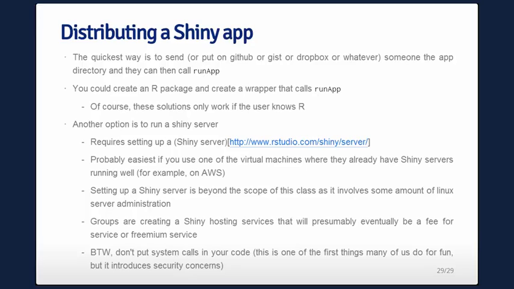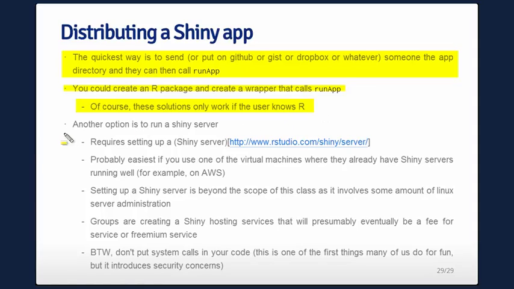The quickest way is just to put it on Gist or GitHub or Dropbox or whatever, and send someone the app, and then they can call runApp and they can run it just like you would in development. That's pretty easy. And if you really want to be fancy, you can create an R package and create a wrapper that calls runApp. But all these solutions, of course, only work if the user that you want to reach knows R. If they don't know R, then this isn't an option.